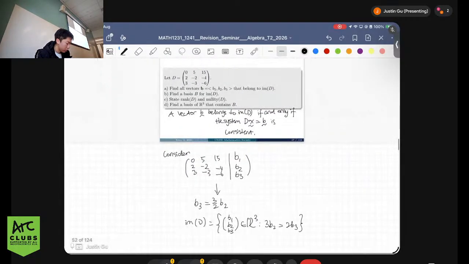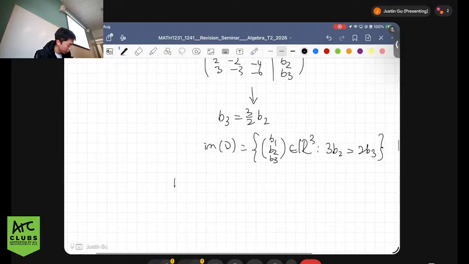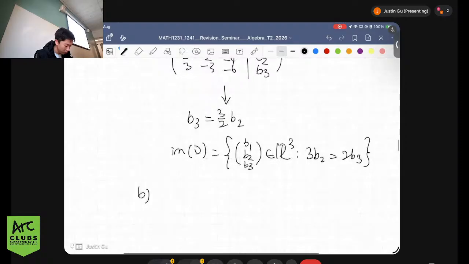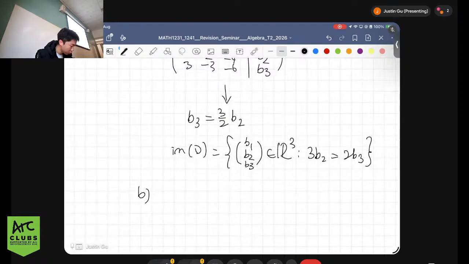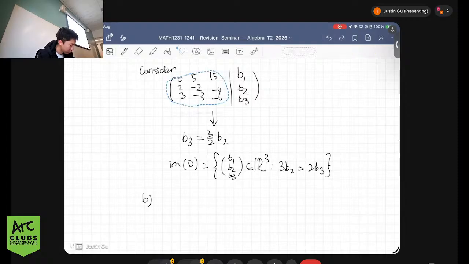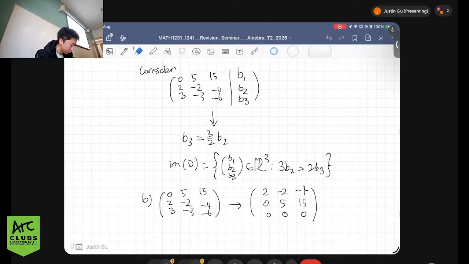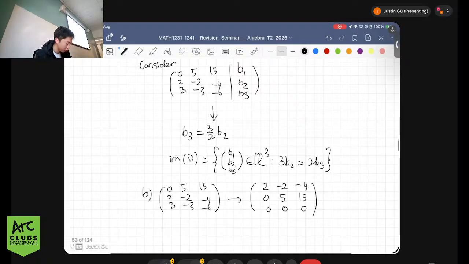For part B, we want to find a basis for the image of D. We once again have to row reduce. If we do, you should get 2, minus 2, minus 4, 0, 5, 15, 0, 0, 0. You can row reduce it fully or to this point, it doesn't really matter.